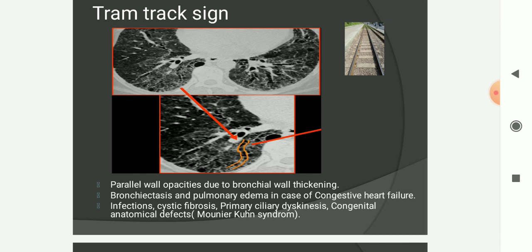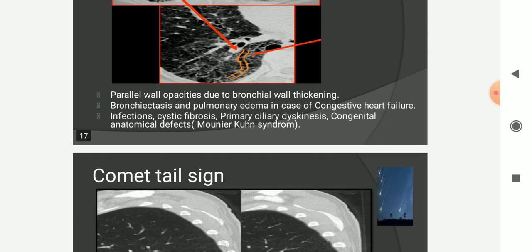Cystic fibrosis is a congenital abnormality with no complete treatment, so it also leads to such situations. Primary ciliary dyskinesia is also called Kartagener syndrome, and there are congenital anatomical defects like Mounier-Kuhn syndrome.